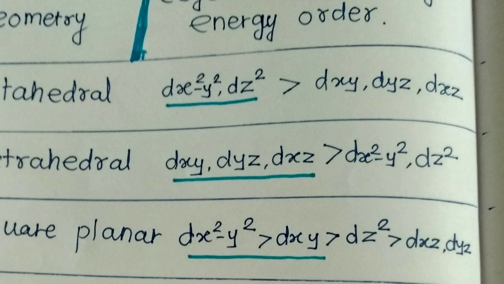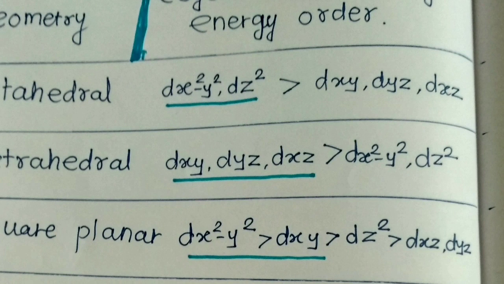But in tetrahedral geometry, the ligands approach in between the axes, near dxy, dyz and dzx and not along the axes. So these three orbitals, the T2 set, rise to the higher energy level.